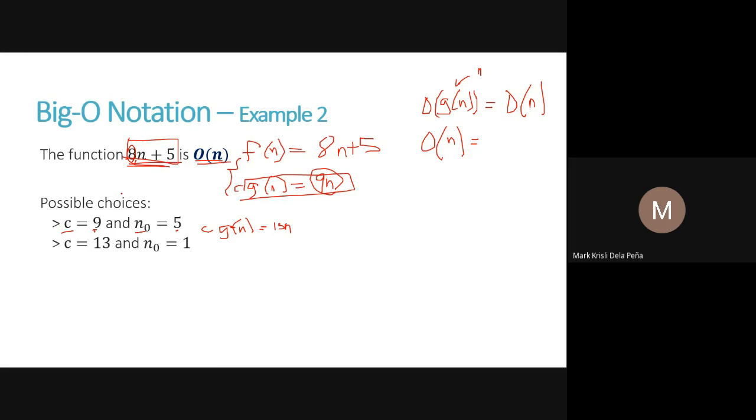You can have c equal to 10, c equal to 11, and so on. But we will follow a certain algorithm on how to determine our c and n sub 0. For this case, we will be focused on this one where n is equal to 1, or some value where a certain value in our function will not be equal to 0.